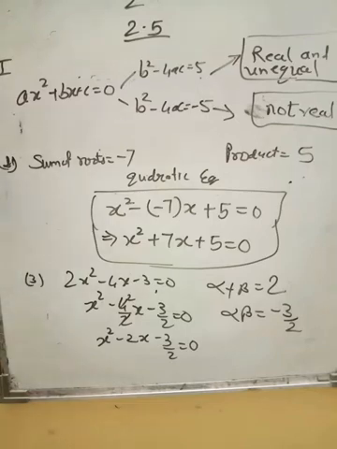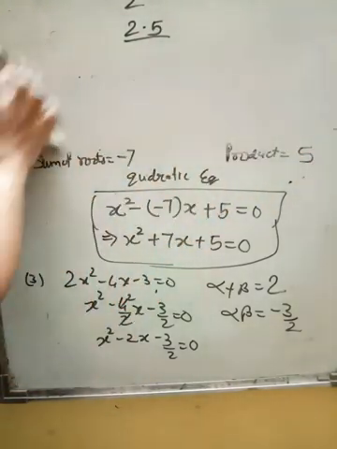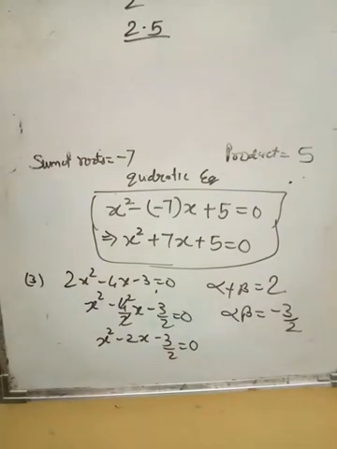Now let us go to question number 2. Find the value of discriminant. What is the discriminant? b square minus 4ac. So here children, as a beginner, you are just going to find out the value of b square minus 4ac. So let's do that. Very first question.